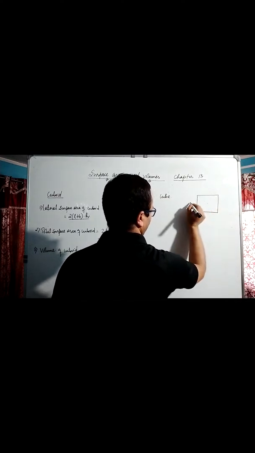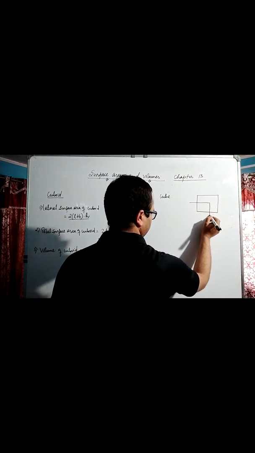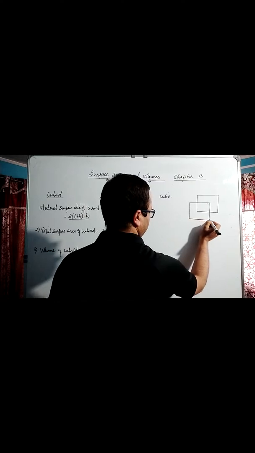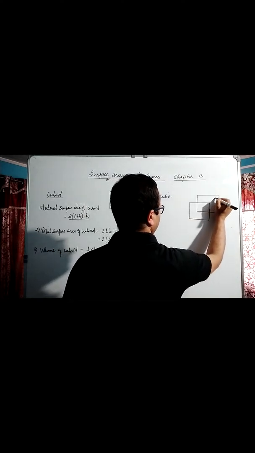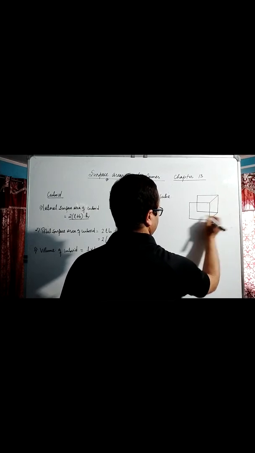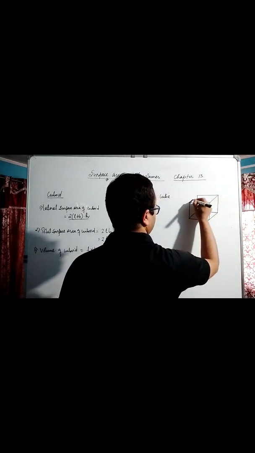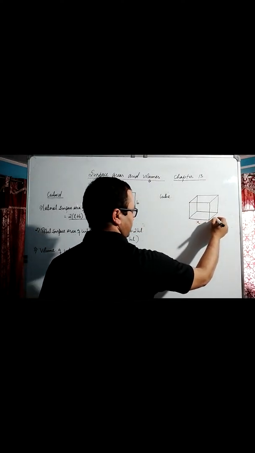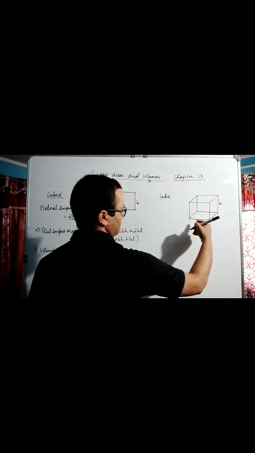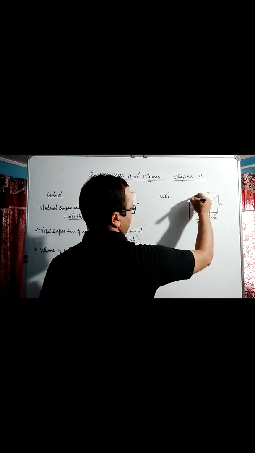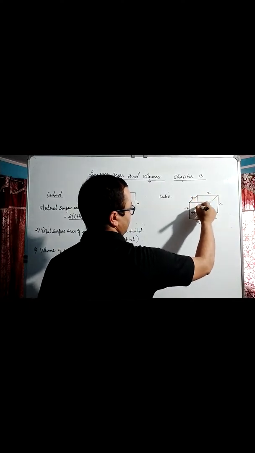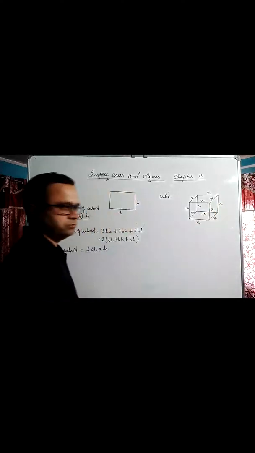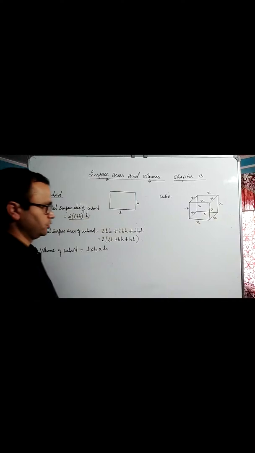All the faces and all the edges are equal in a cube. Each face is in the shape of a square. Now the edge of the cube is considered as x. This is x, this is x, x. So all the edges are equal. There are 12 edges in a cube.